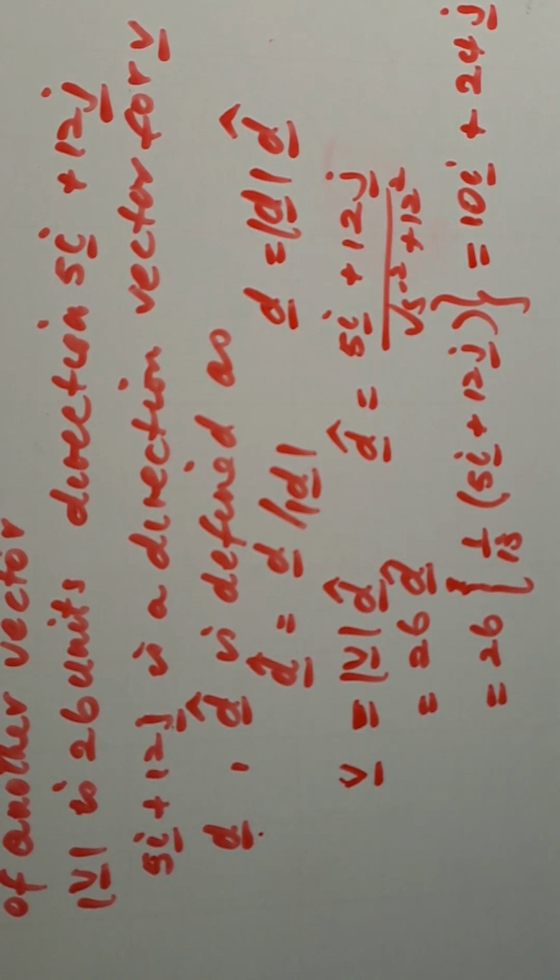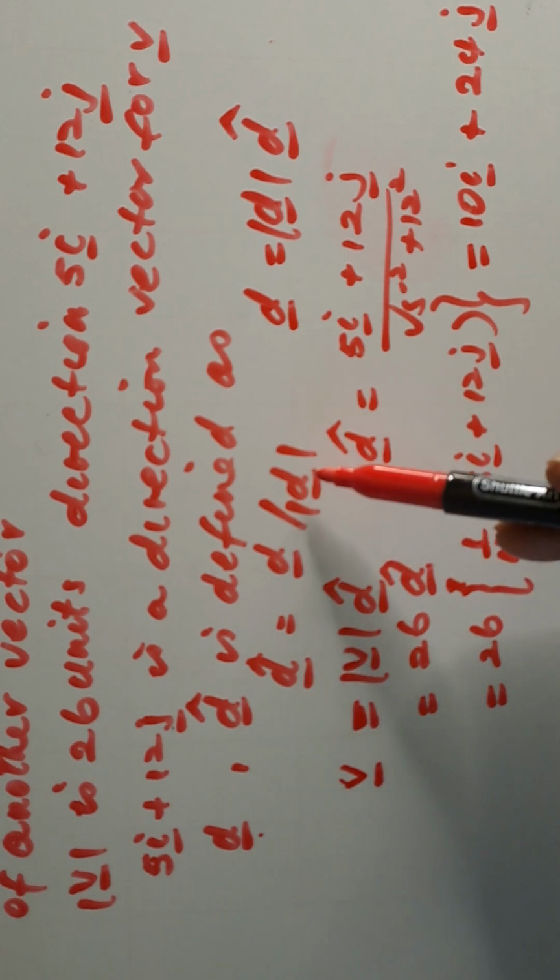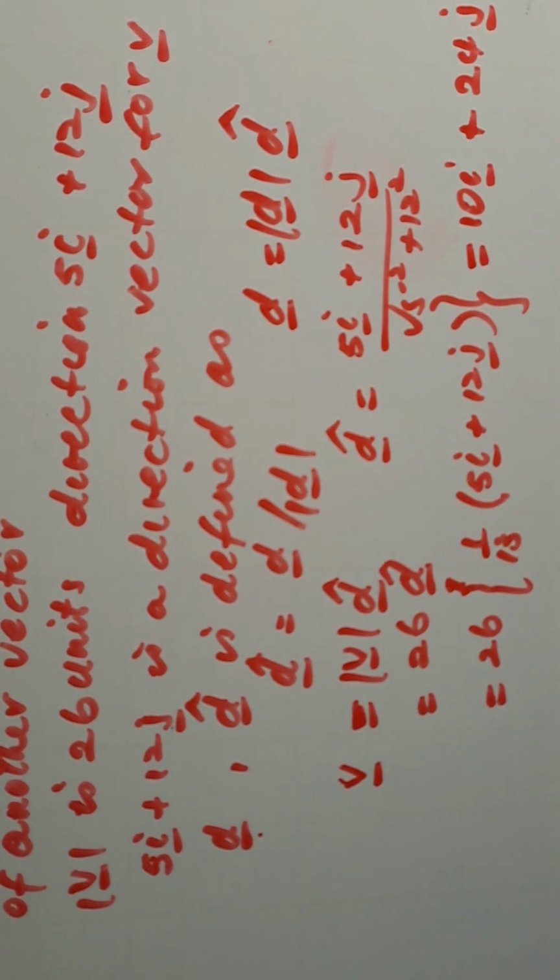Just to recap, we were first given the magnitude of the vector, 26 units, in the direction 5i + 12j. We assigned this direction to a vector called d, and we know that the unit vector d hat is defined as the vector d over the magnitude of d.